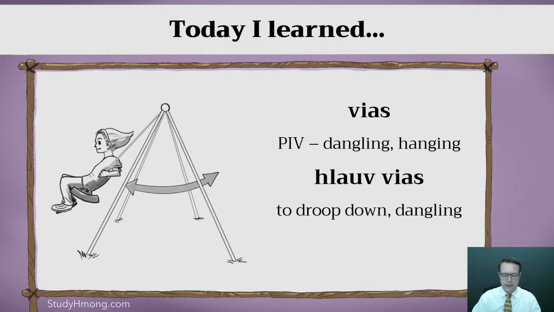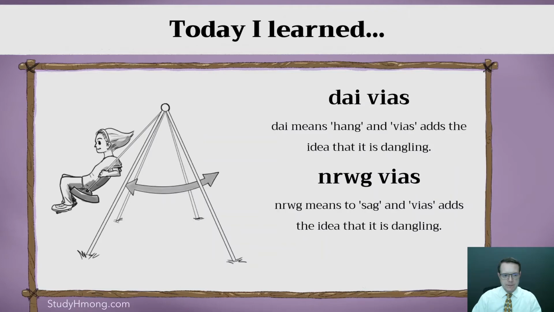Lao via. Another example is dai, D-A-I, which means to hang. And if you add via, dai via, it gives the idea of something is just hanging and dangling.